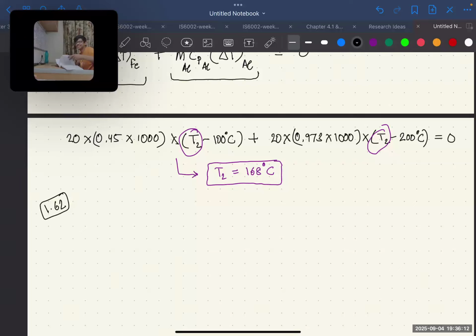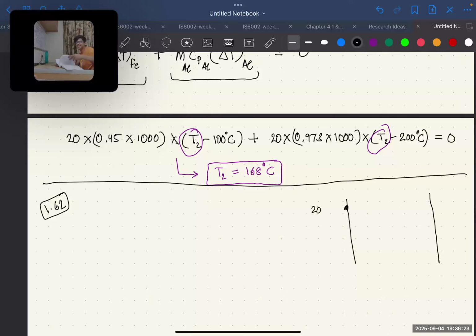So we have a wall. This wall is at, let's say, 20 degrees Celsius, and this one is at 5 degrees Celsius, and heat is flowing like this.